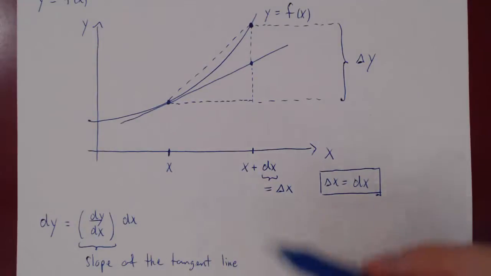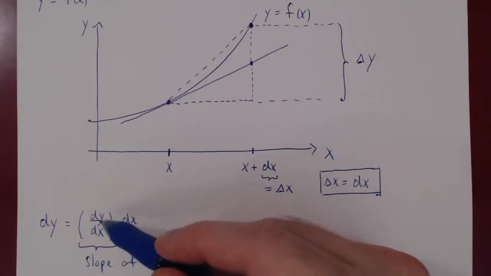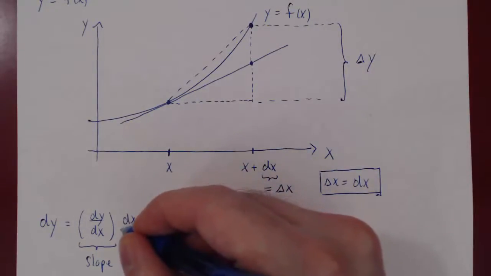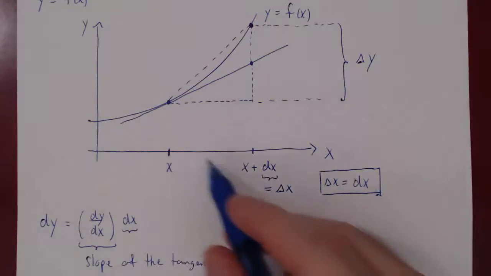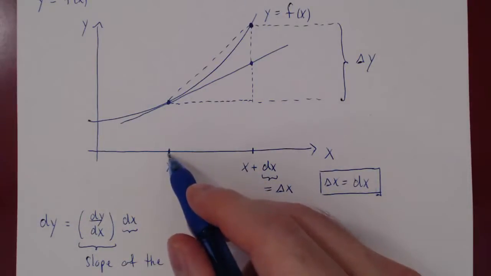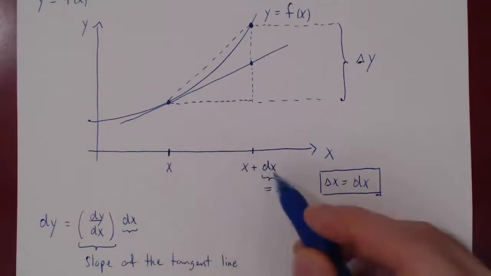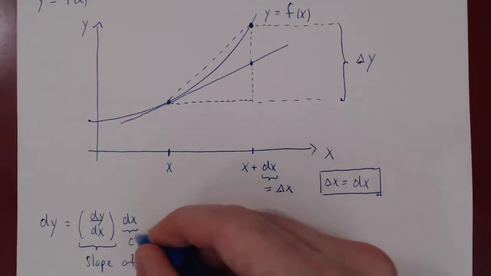So what happens? If you take the slope of a line times the change in x, because that's what dx is, it's the change from the initial x value to the terminal x value, right? X plus dx minus x is dx. So that's the change in x.